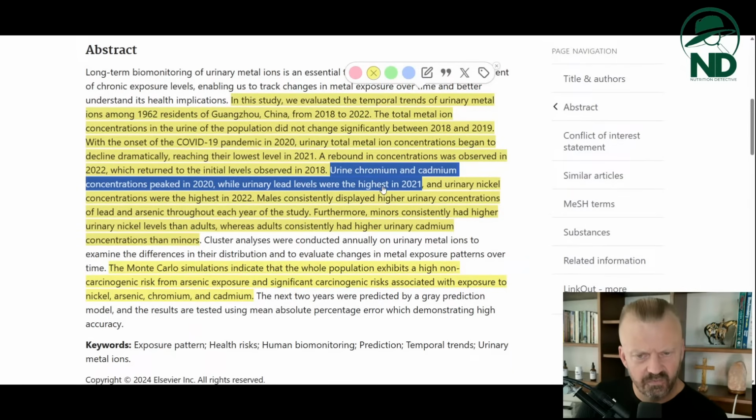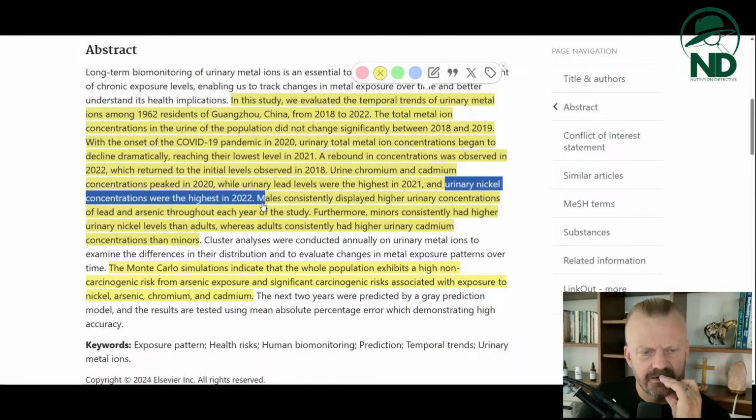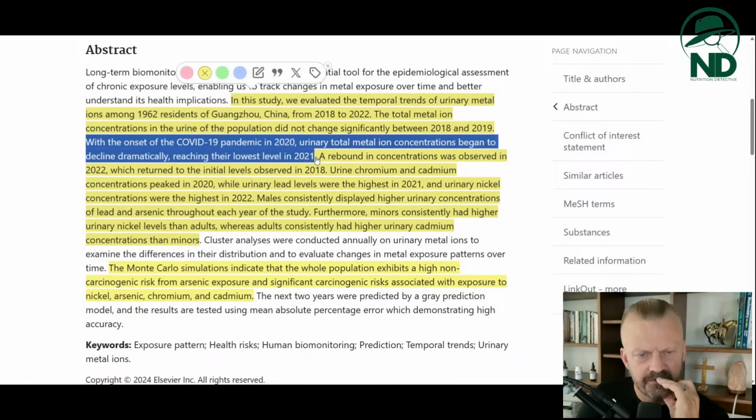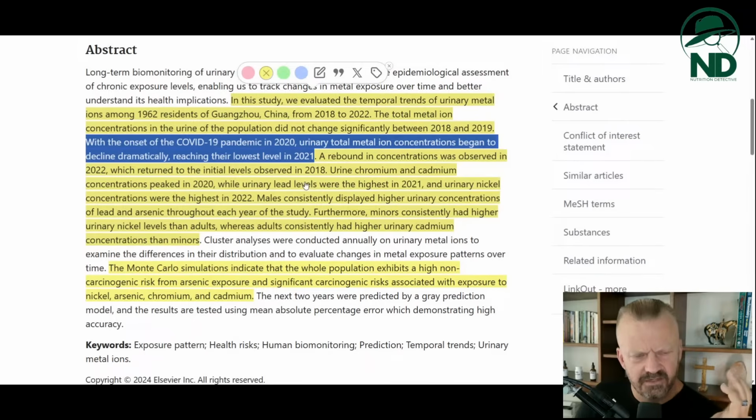And urinary lead levels were the highest in 2021. And urinary nickel levels were the highest in 2022. So first they tell you that they all decline dramatically, and then they go up, but in the same time period.